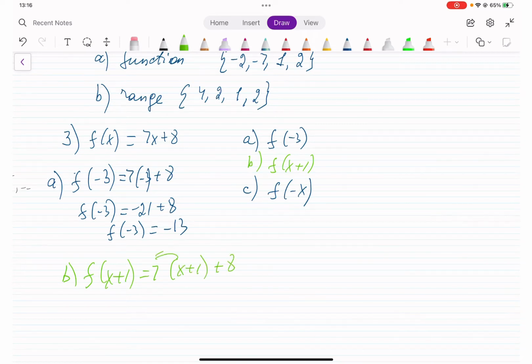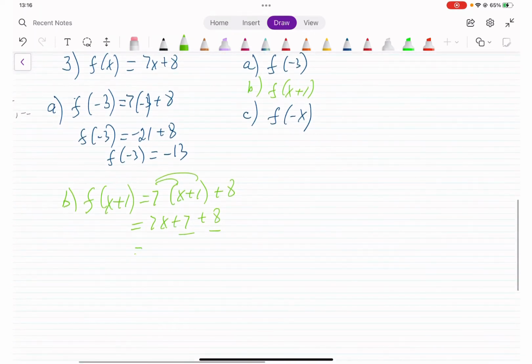So once we distribute, we are getting 7x plus 7 plus 8. Combining like terms, we are getting 7x plus 15. So f of x plus 1 is equal to 7x plus 15.